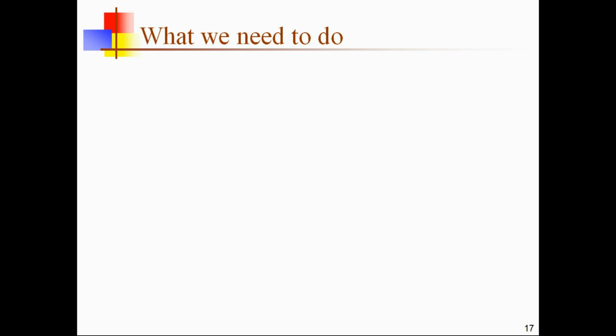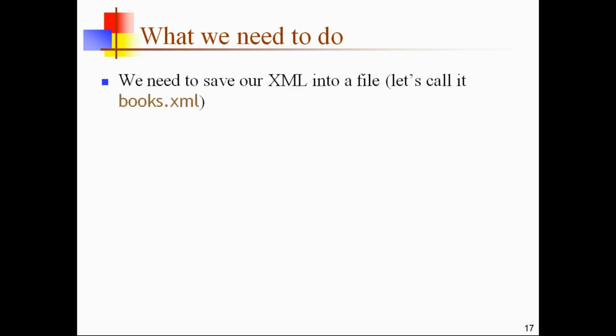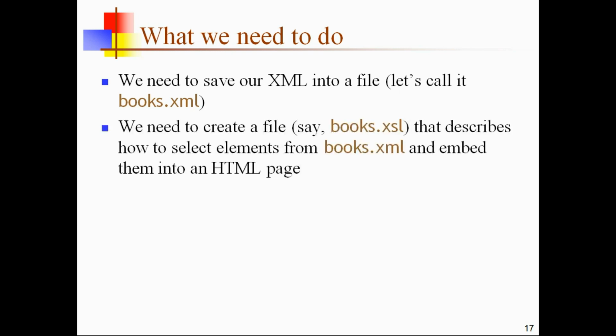Let's start with the first one, that is we need to save our XML into a file. So let's start with a books.xml file. We have to create one books.xml file, and we need to create a file, say books.xsl, which describes how to select elements from books.xml and embed them into the HTML page.